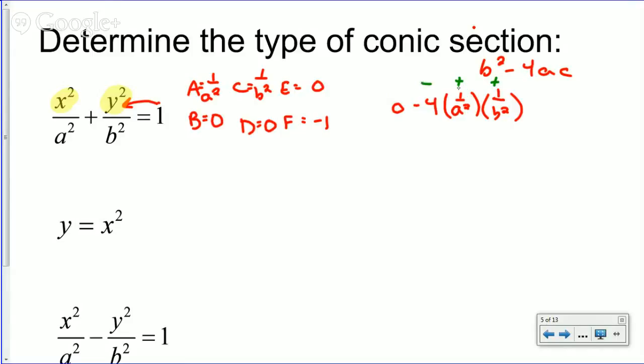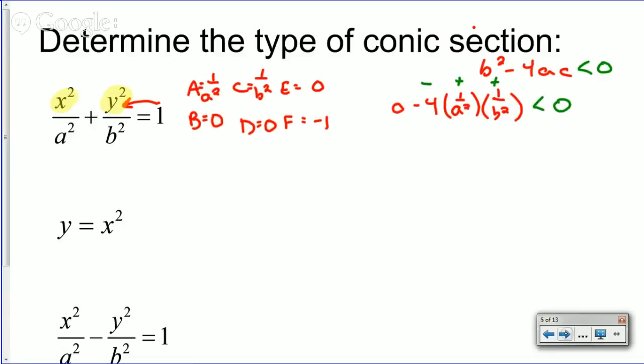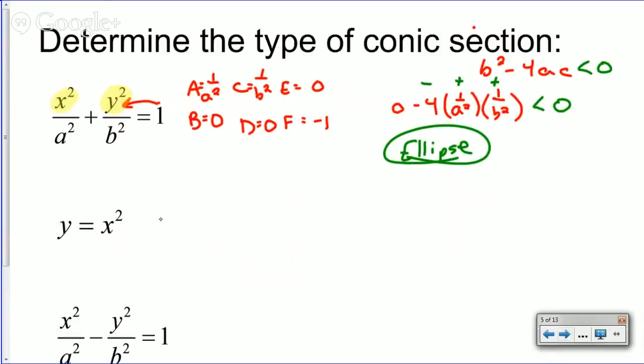So a negative times a positive has to be a negative, which is less than 0. So b squared minus 4ac is less than 0. And from this slide over here, that tells me that it is an ellipse. Remember, less than 0, it is an ellipse.